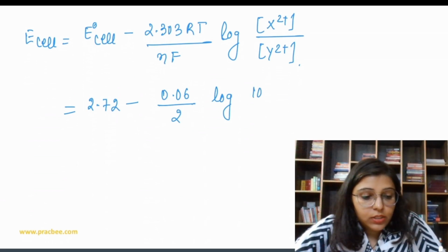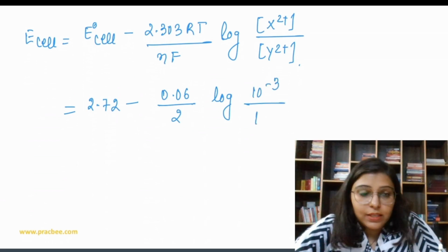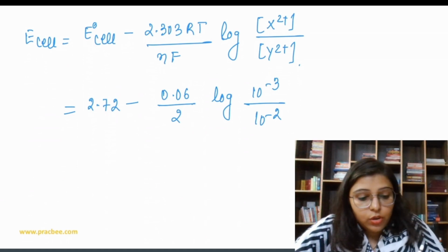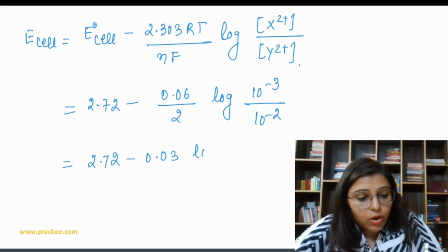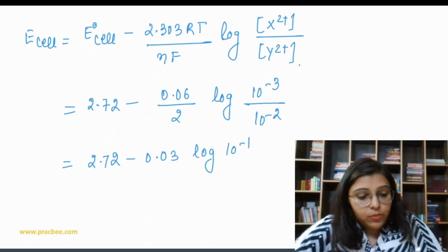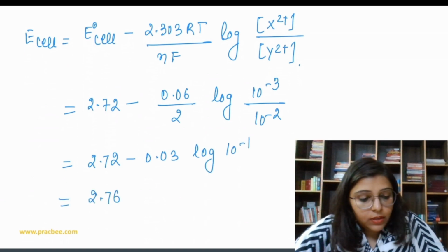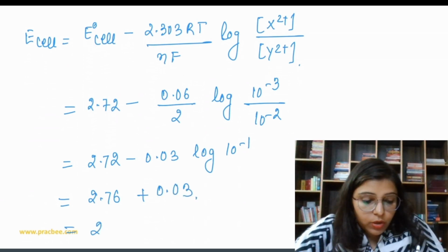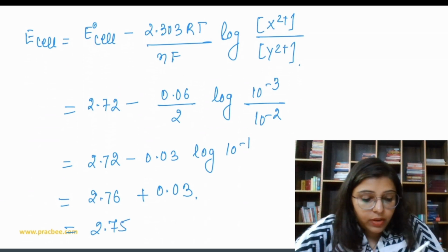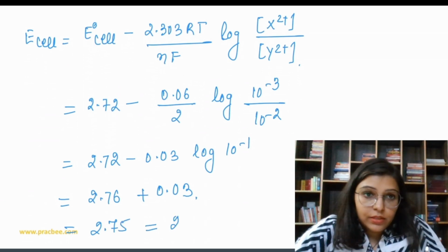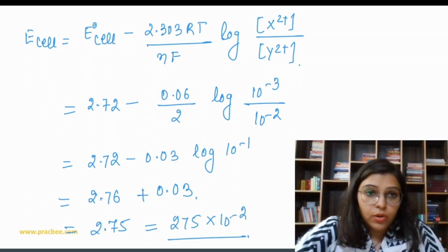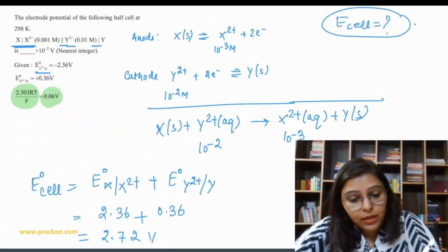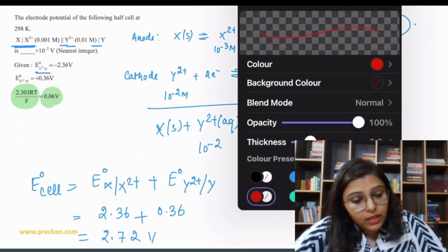X2 plus concentration is 10 to the power minus 3 and Y2 plus concentration is 10 to the power minus 2. On solving we get 2.72 minus 0.03 log 10 to the power minus 1. On solving further we get 2.72 plus 0.03, which is equal to 2.75, which we can write as 275 into 10 to the power minus 2. So we have to report the answer as 275.